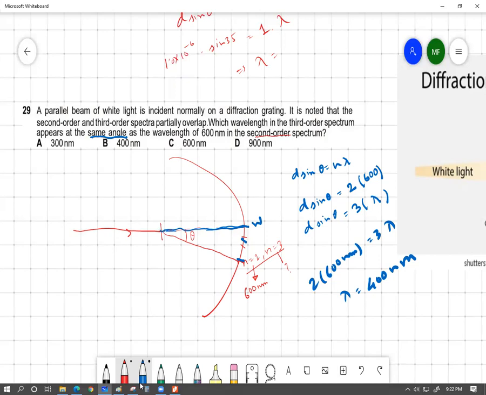This means that whenever light comes out over here, the light with 400 nanometer wavelength is going to produce its first maxima over here (1), second maxima over here (2), and the third maxima right over here.